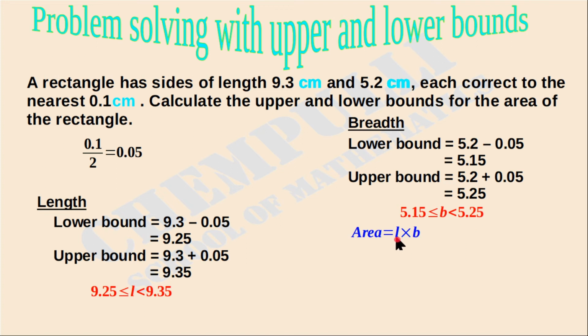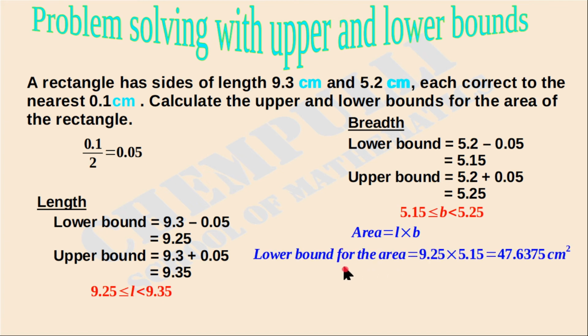We need the minimum value, so we take the minimum L, that is 9.25, and the minimum B, that is 5.15. Only then will we get the minimum value for the area, which is the lower bound.